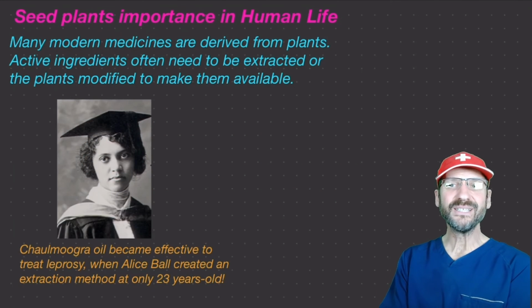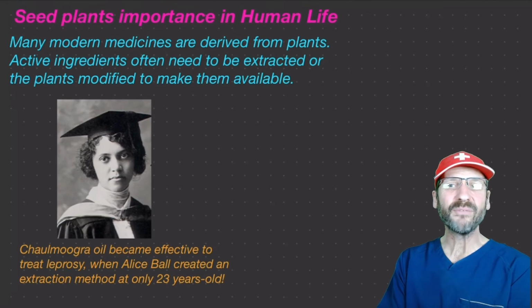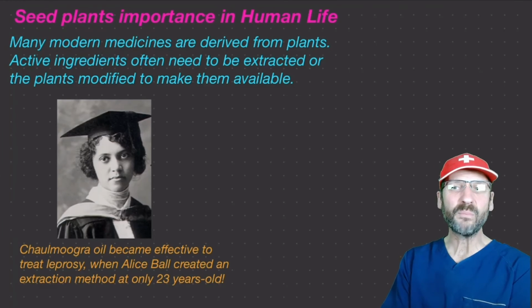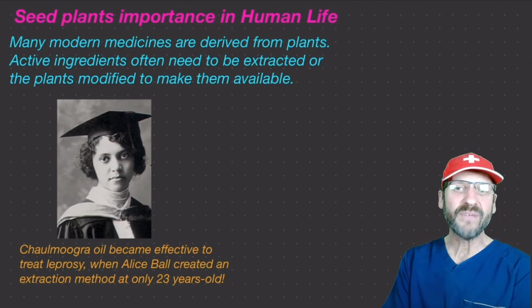Many modern medicines also come from plants or are made by modifying plant chemicals. References about the use of curative properties of plants are found in Egyptian, Babylonian, and Chinese writings from 5,000 years ago. Often, active ingredients need to be extracted or plants modified in ways that make them available.